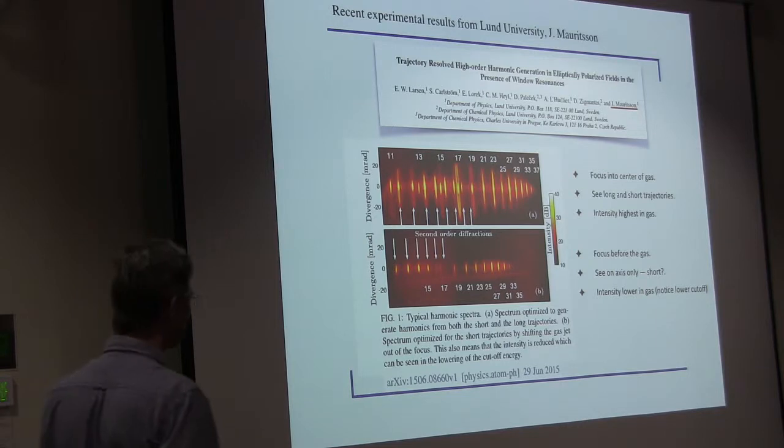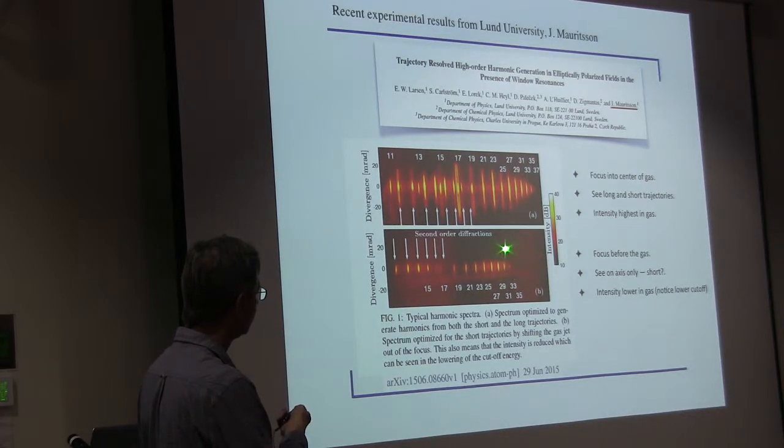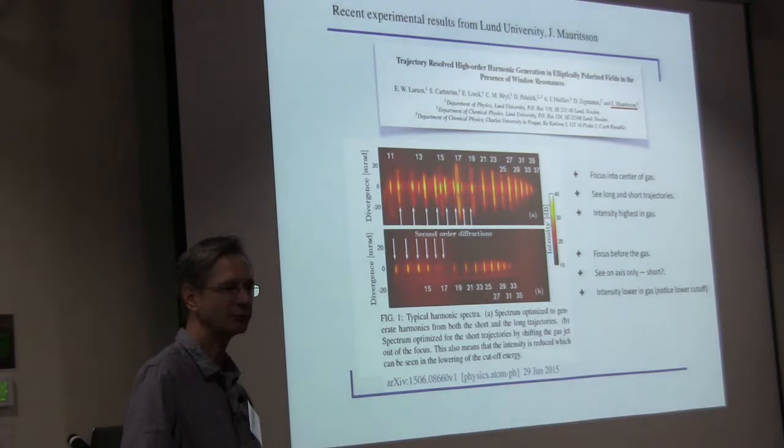Mostly what happens is people pick phase matching conditions, and I didn't talk about this, that give you just light along the axis. Here is divergence in this angle, and here is spectrum in this angle, and they've chosen a phase matching condition where they have very well-resolved harmonics that are all along the axis. So this, you would say, is classic short trajectory.